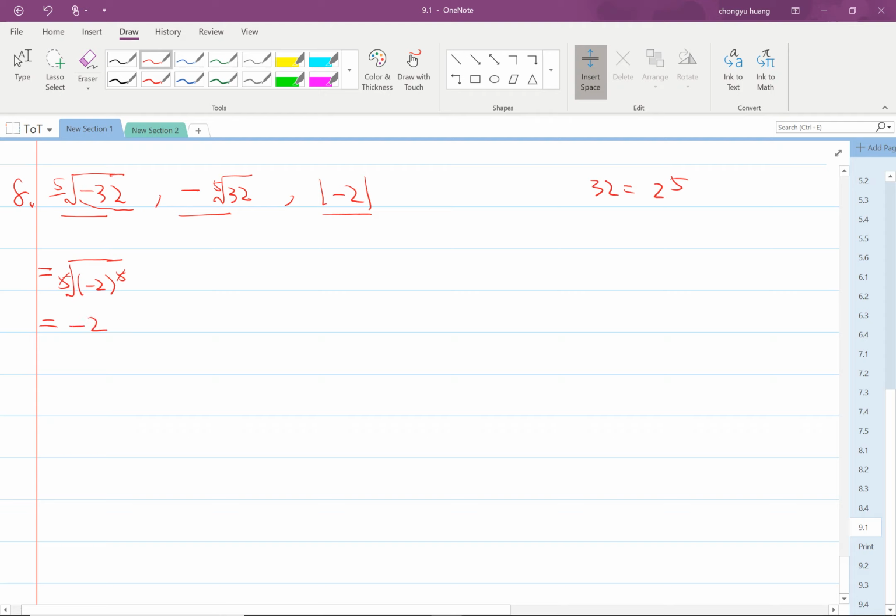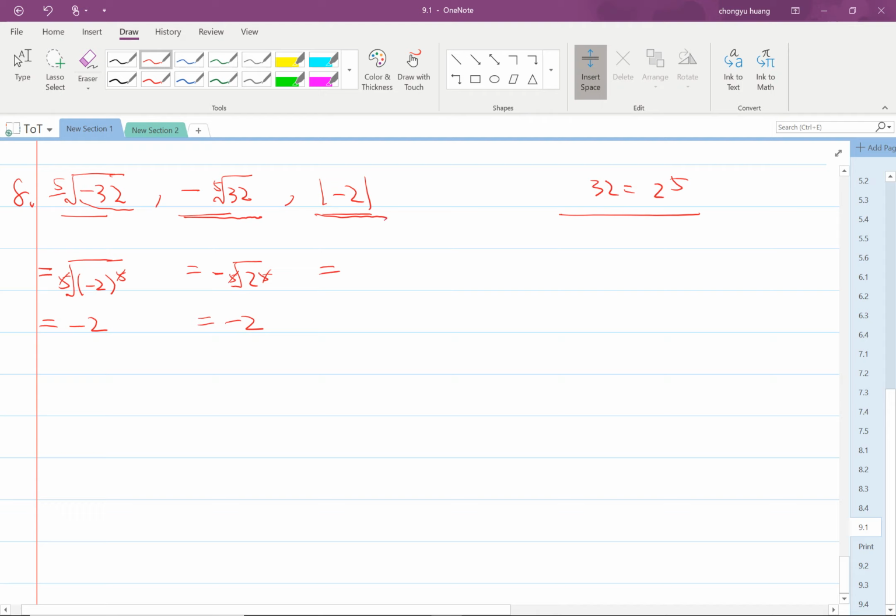Then let's do the next one. The second statement, we have the fifth root, and 32 is equal to 2 to the power 5. The 5 and 5 cancel, and it will become negative 2. And the last statement is the absolute value of negative 2.